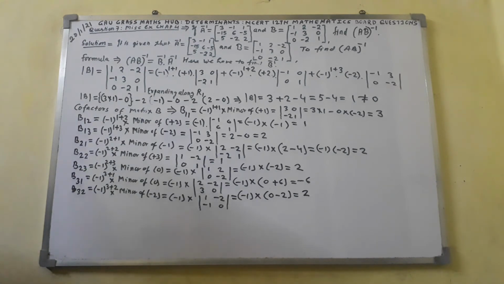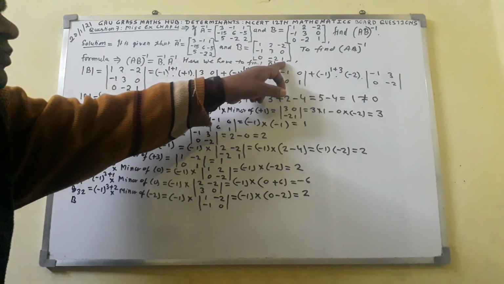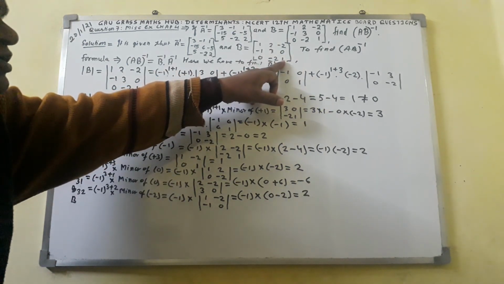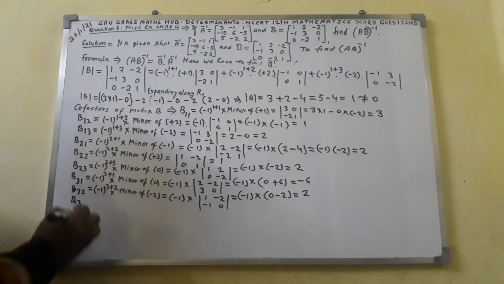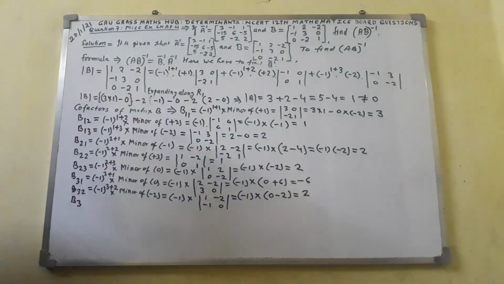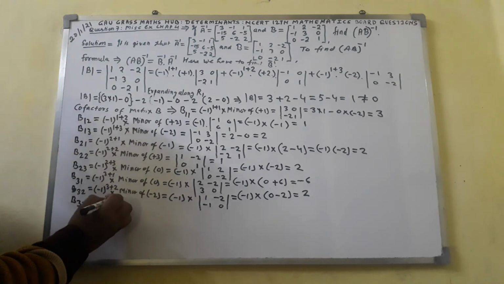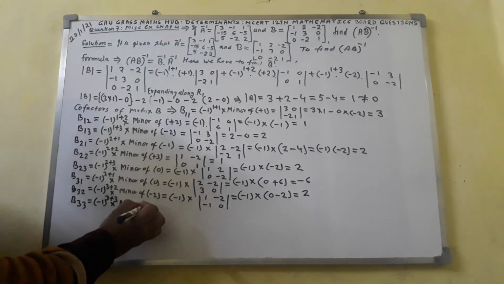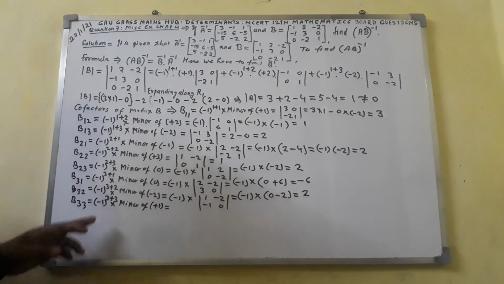Okay. Now think about the last element 1. This one is there in third row and third column. So take this element 1. For third row I shall write here 3. And this one is there in third column. For third column I shall write here 3. You will get here minus 1 raised to the power 3 plus 3 into minor of element plus 1, equal to minus 1 raised to the power 6.